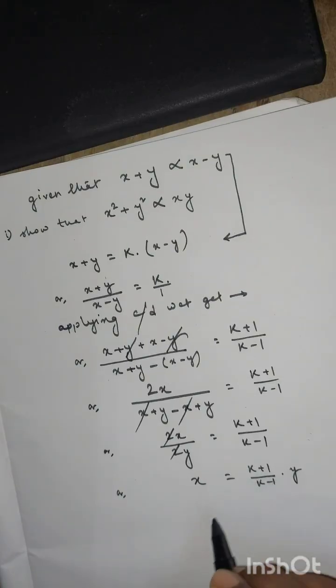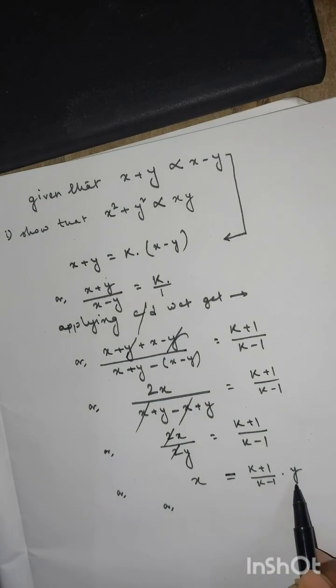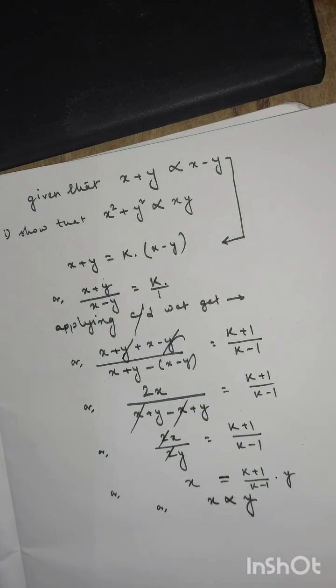From this we can again say x and y are directly related. We can remove this constant and the equal to sign, and the relation is established, that is x varies as y. X is directly related to y.